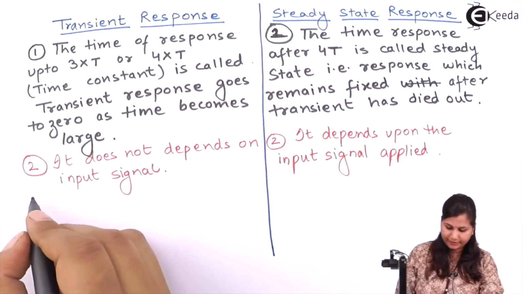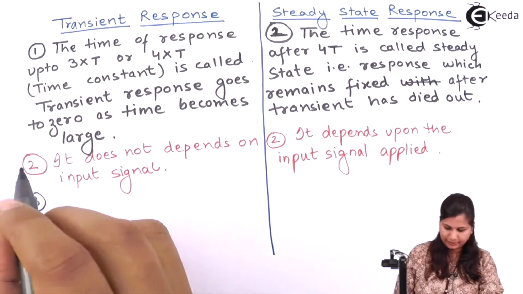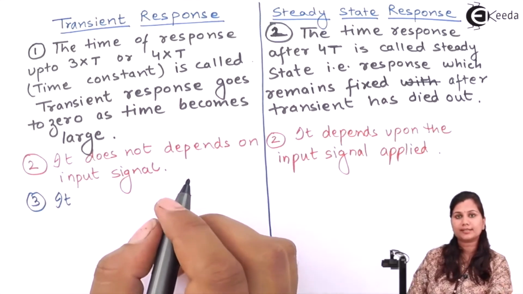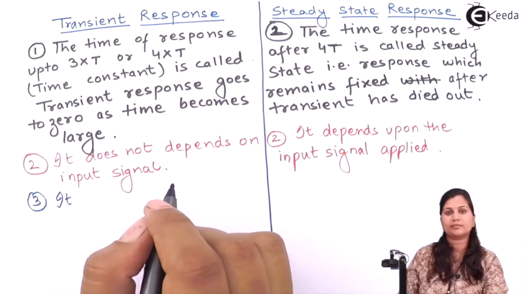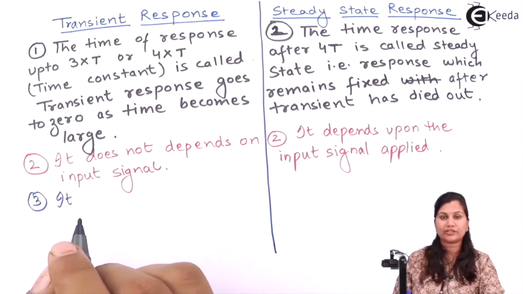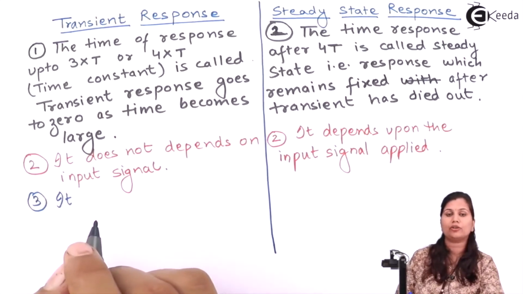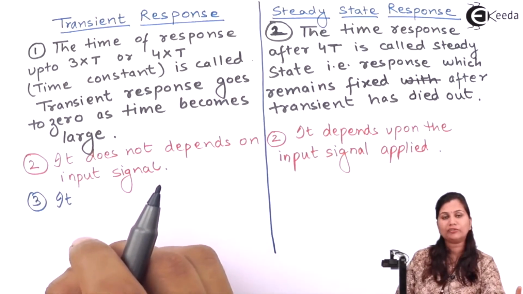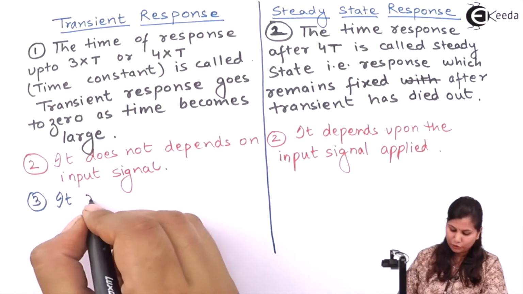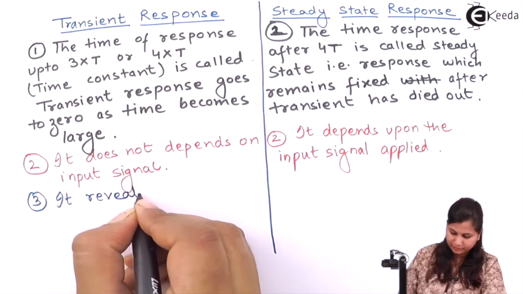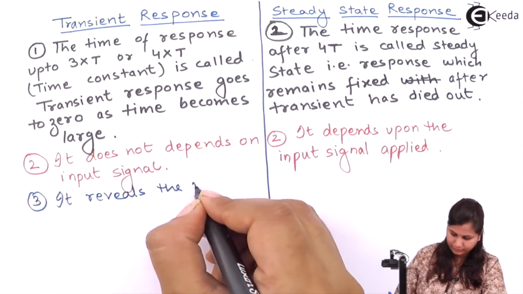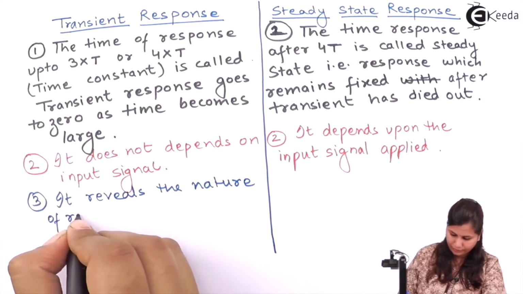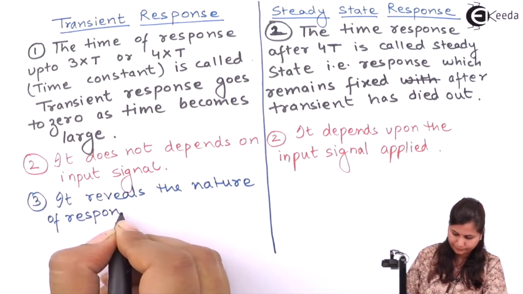The third difference is that the transient response reveals the nature of the system, that is, how much the system is oscillatory, how many oscillations are produced, whether it is stable or not. That is, we will get the nature of the response of the system.